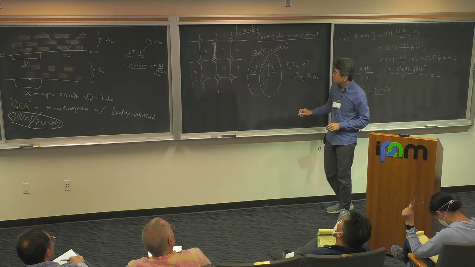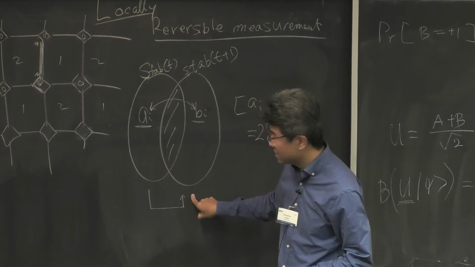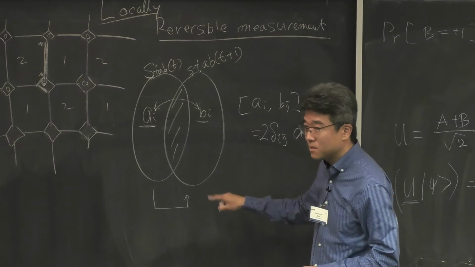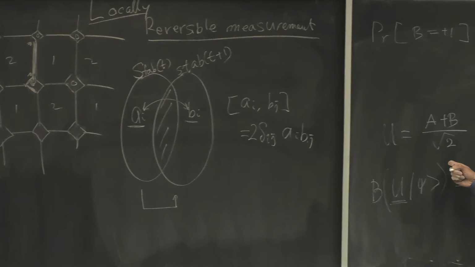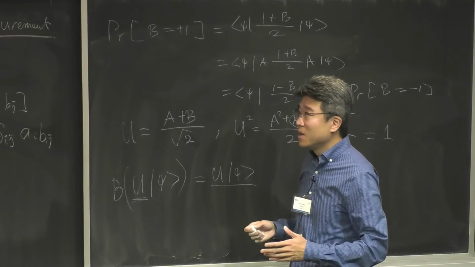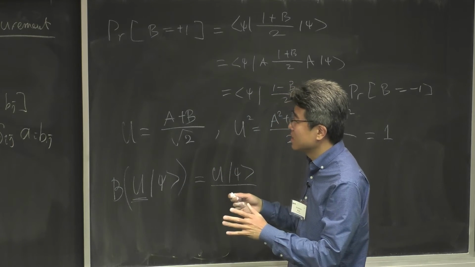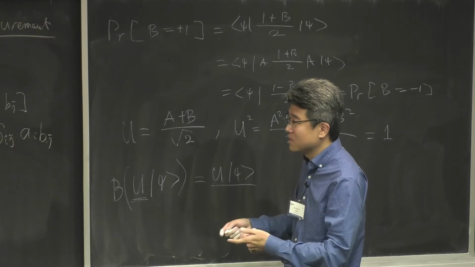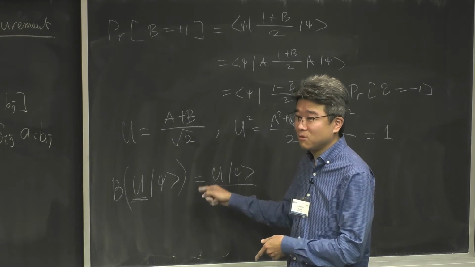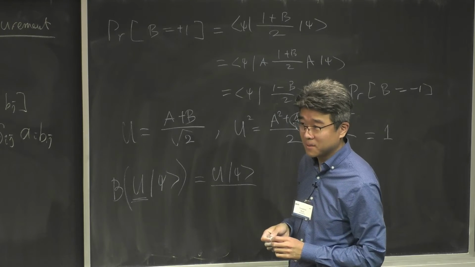So if this happens, then the transition from time step t to time step t plus 1 can be implemented using a unitary. We designed the measurement circuit in such a way that the overall effect on the encoded information ends up being a small depth unitary circuit.